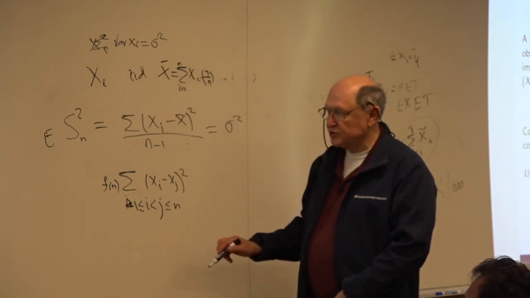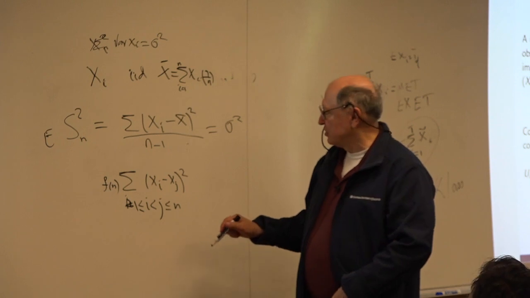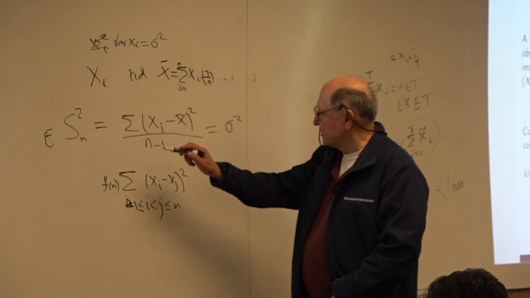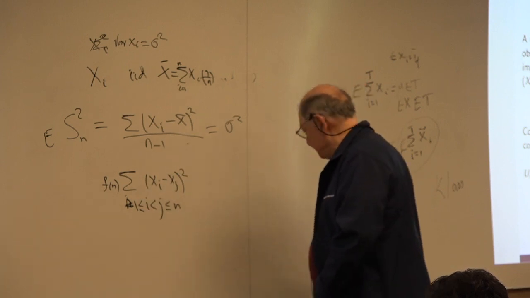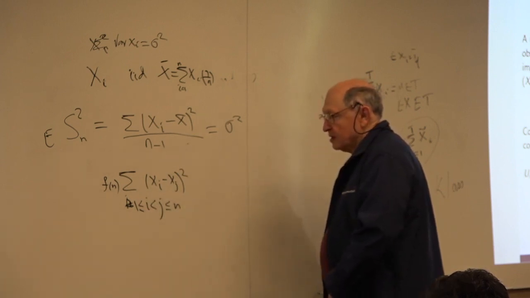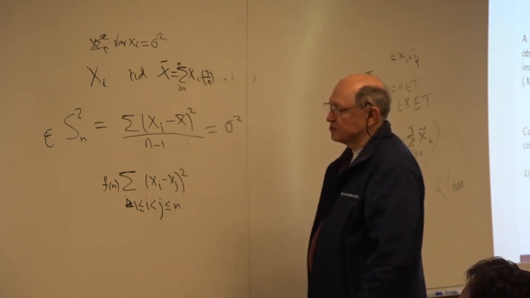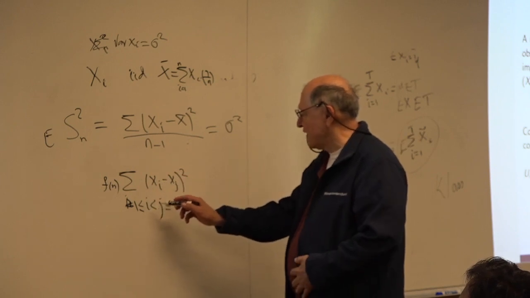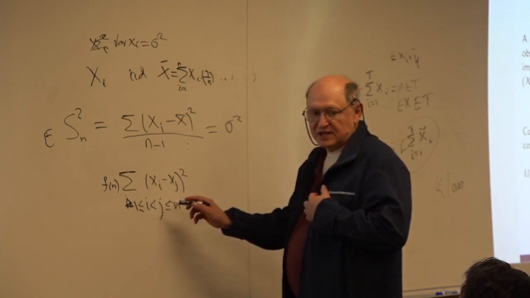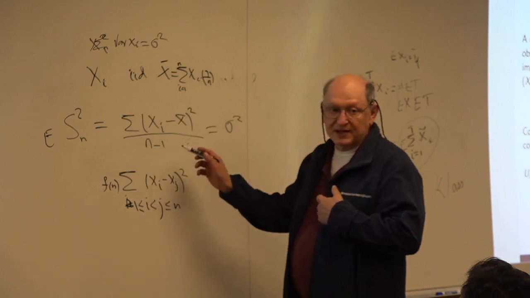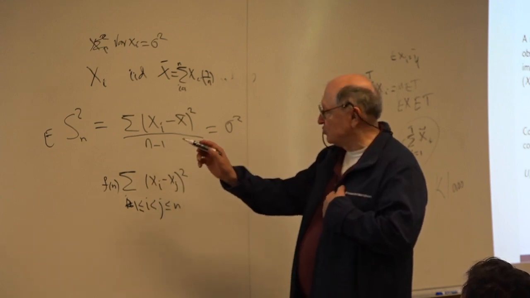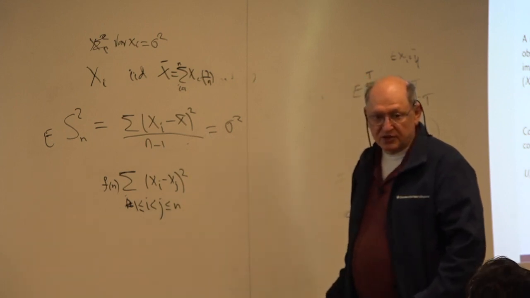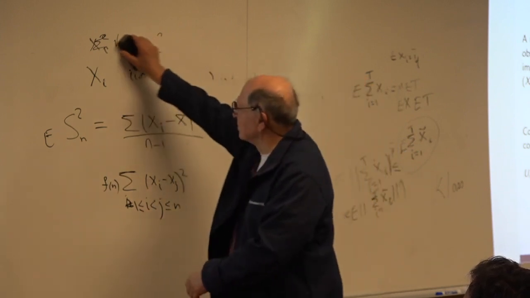Any questions? There's an issue whether you are adding over i less than j or j less than i, but the sum will be the same. So all you need to do is adjust by a constant. Is that clear now? Okay, so that's an example.